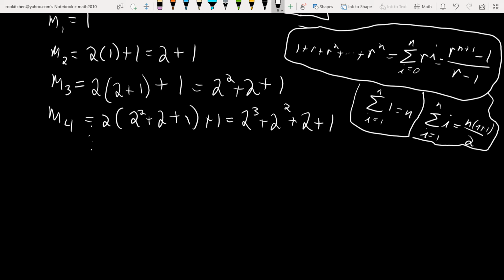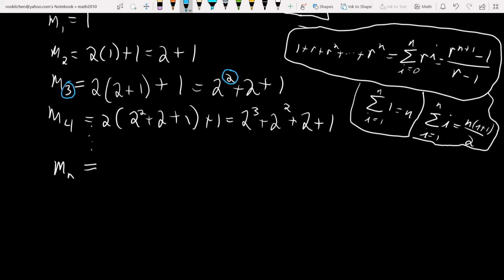So anyways, we're after this m sub n formula, and let's see where the pattern is, right? If it's m sub 3, then the first exponent on the 2 is 2.